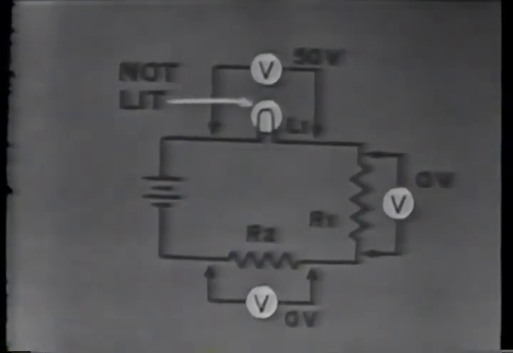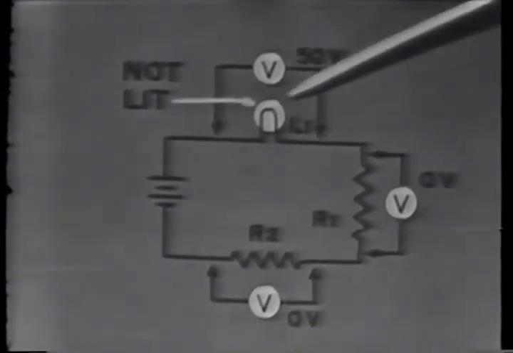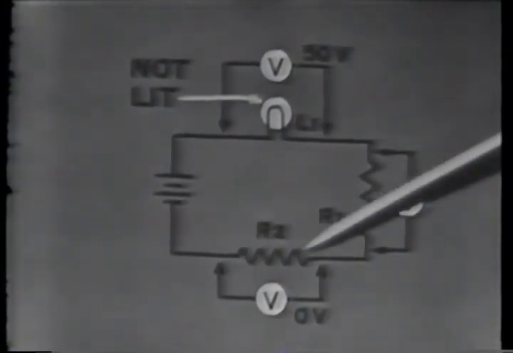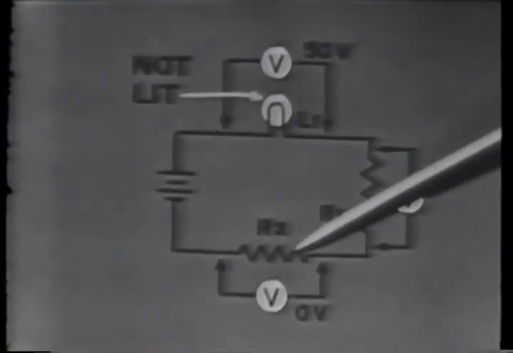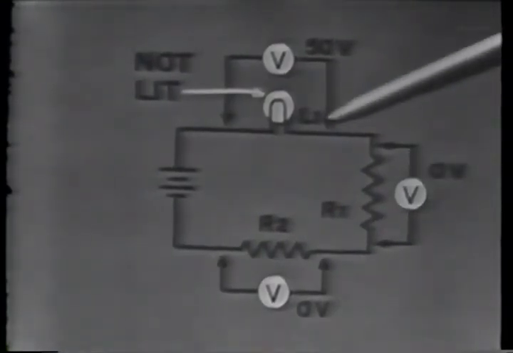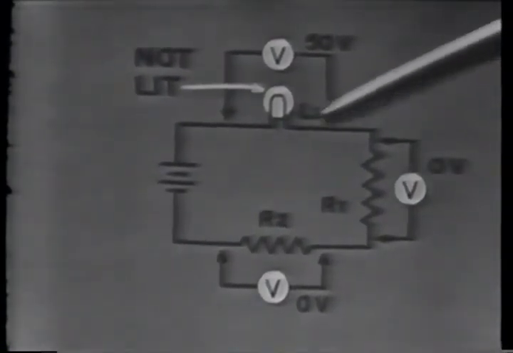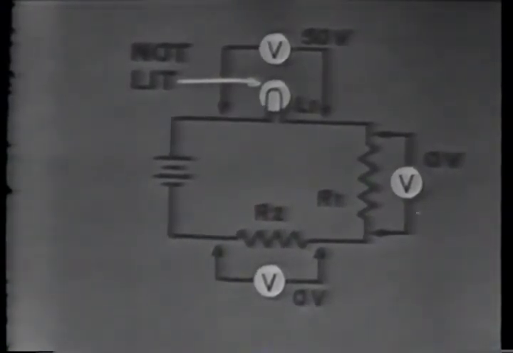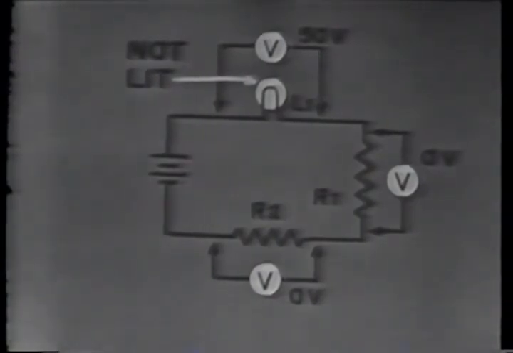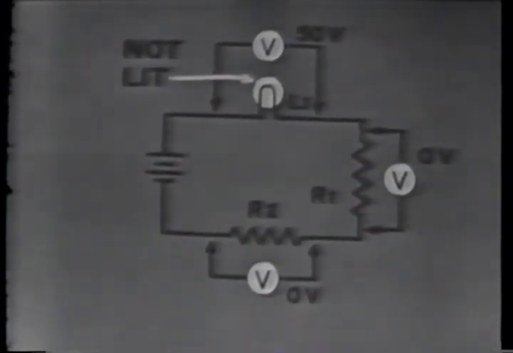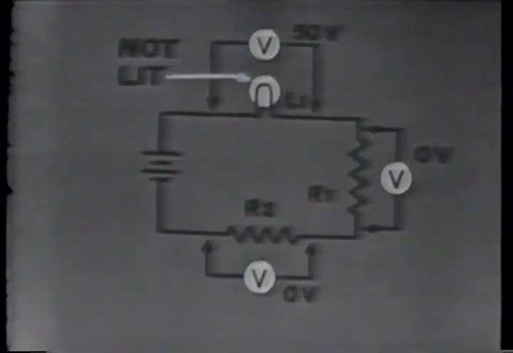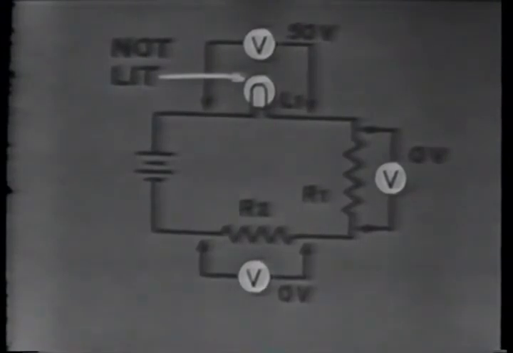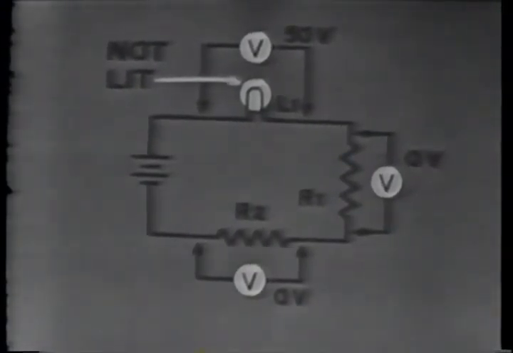The only other component we have in the circuit is the lamp, and it's not lit. If R1 and R2 had been shorted, there would be enough current in the circuit to light the lamp, since there are 50 volts across it. So this means that R1 and R2 are not shorted. Since we have 50 volts across the lamp, this also means that R1 and R2 are not open.